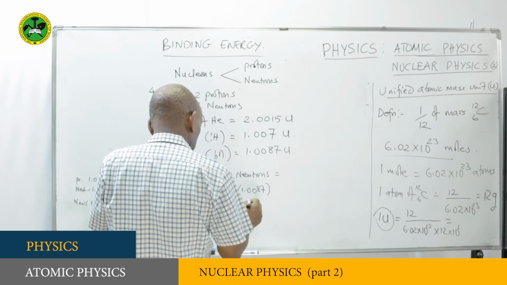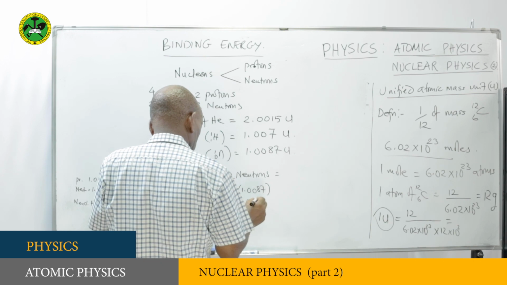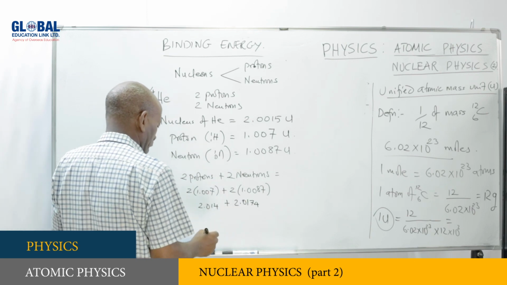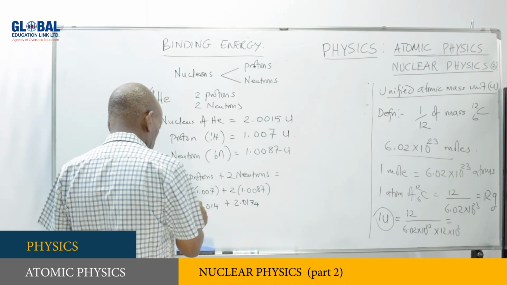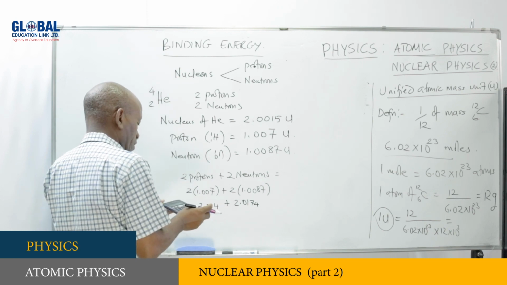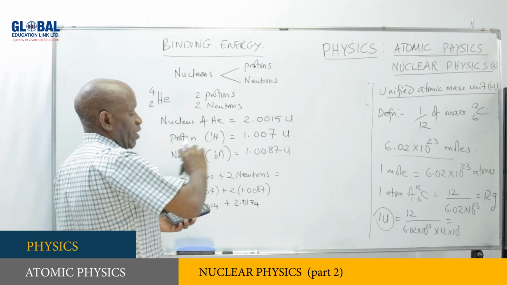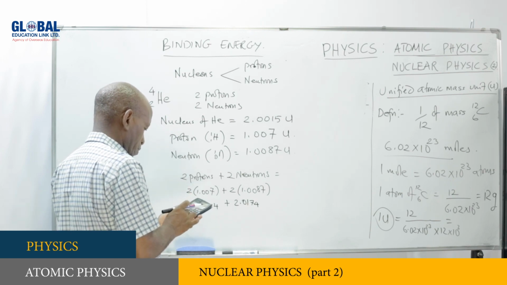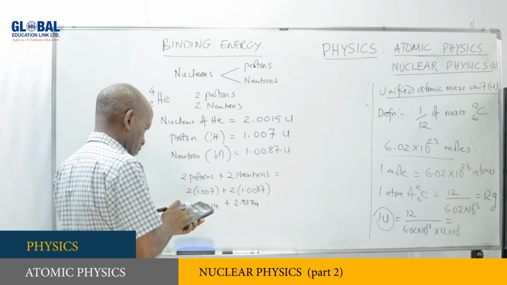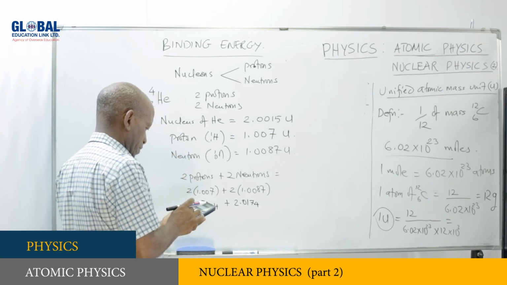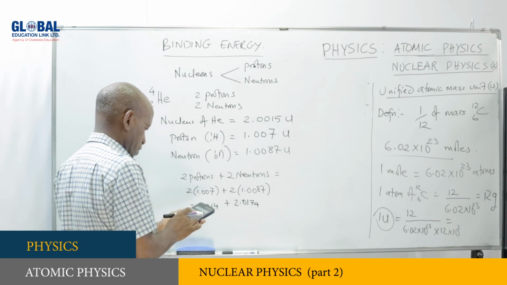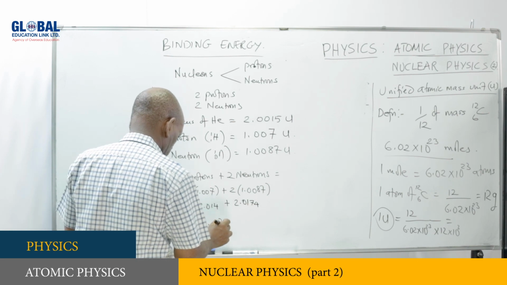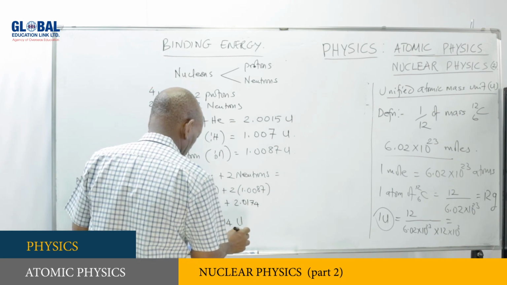2.0174, and we can add up to get the total unified mass of the 4 nucleons whenever they are completely separated. So this will be equal to 2.014 plus 2.0174, and we are going to get 4.0314 unified atomic mass.